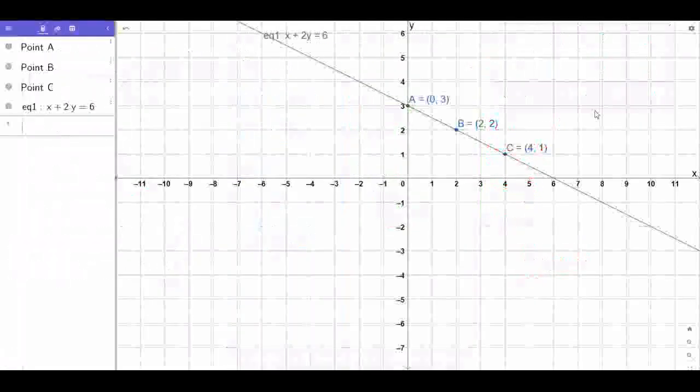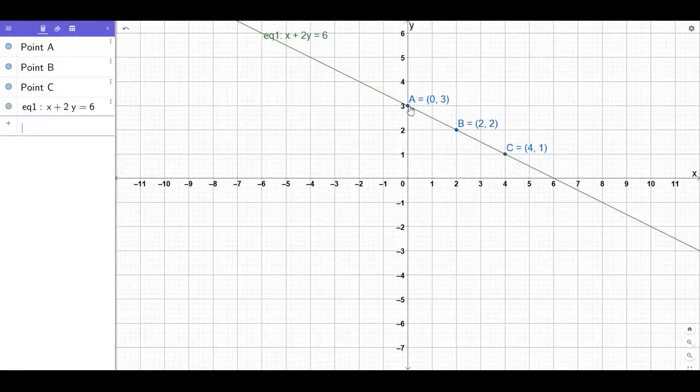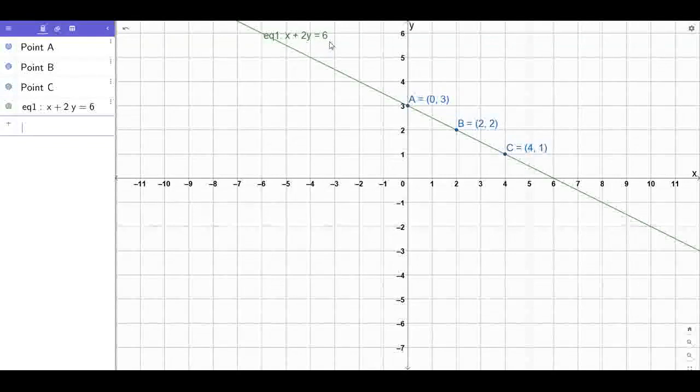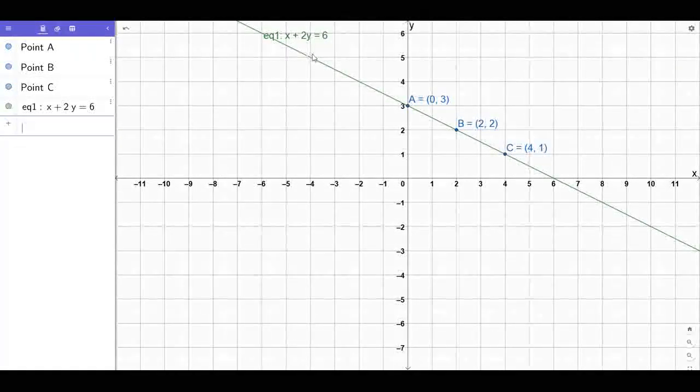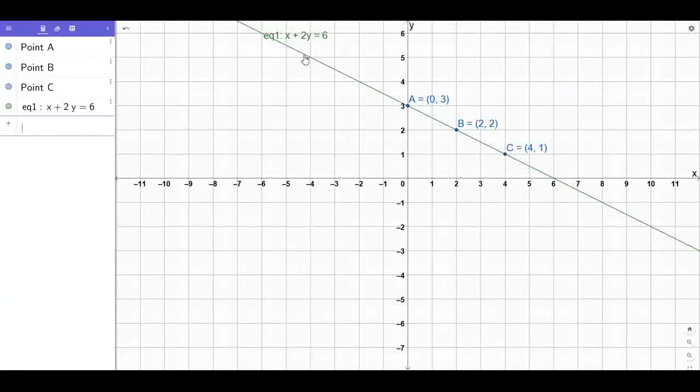After that, we plotted the points on a Cartesian plane, drew a line passing through all 3 points, and then we wrote the name or the equation above the line which we obtained, and that line will represent the graph of the linear equation. So these are the steps involved in plotting the graph of a linear equation in two variables.